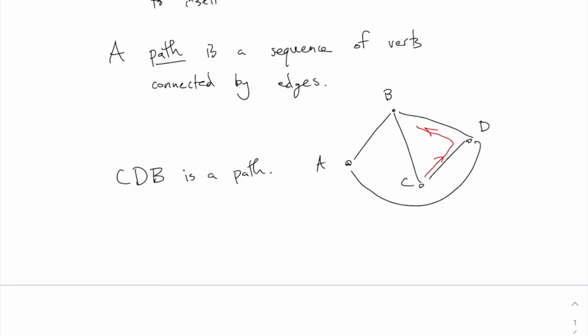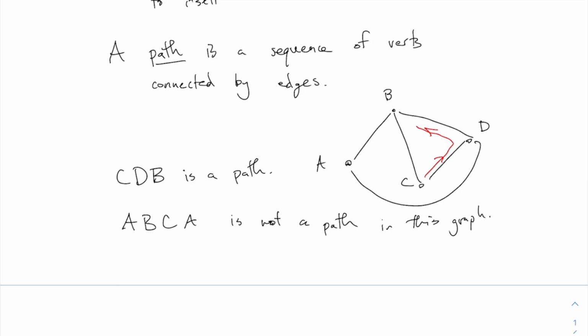But for instance, in this same example, A, B, sorry, I'm realizing what I wrote on my paper is not the same as what I'm writing on the screen. That's fine. Something like A, B, C, A. This is not a path in this graph.